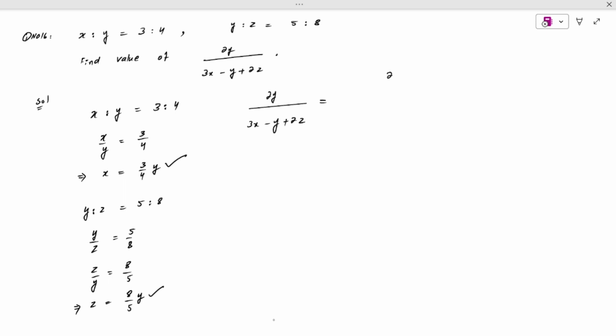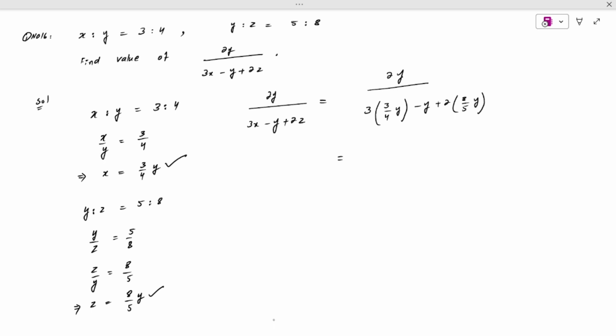So we have 2y divided by 3 into x, and the value of x is 3 over 4 y, minus y as it is, plus 2 into the value of z, which is 8 over 5 y.